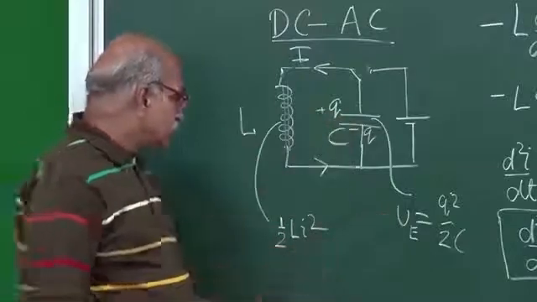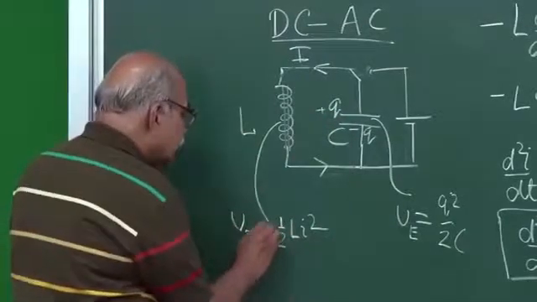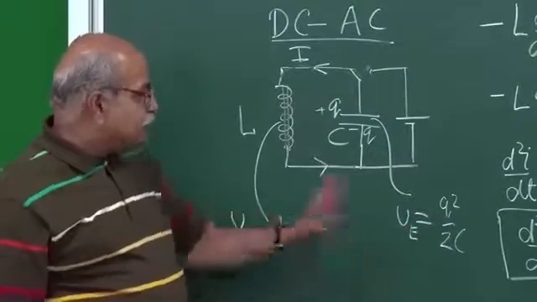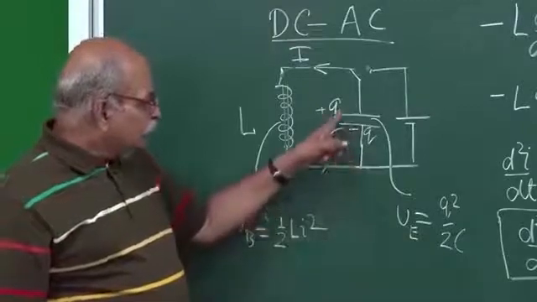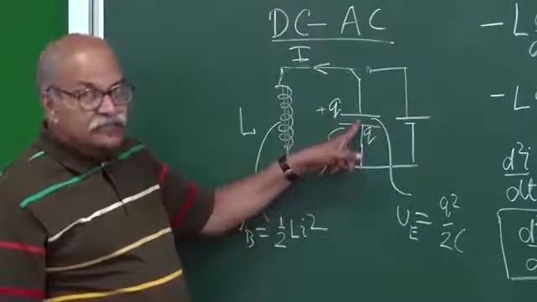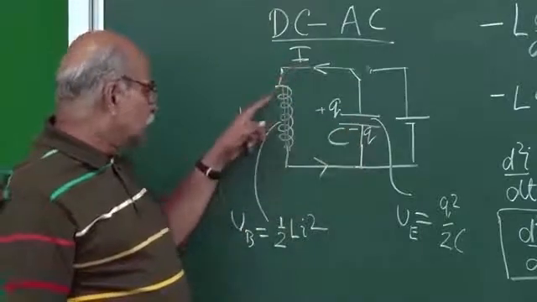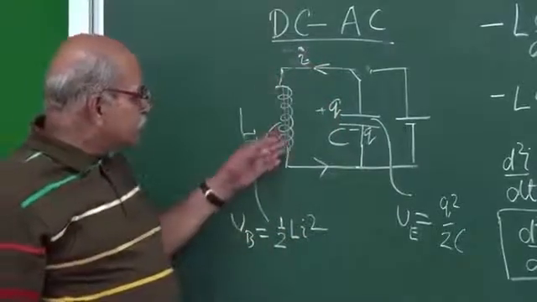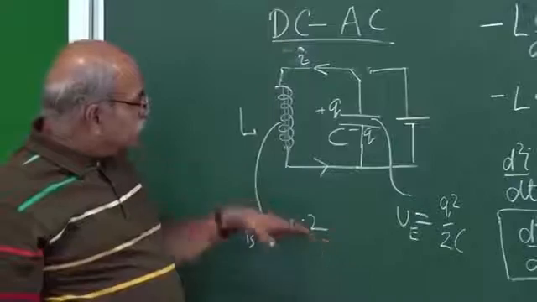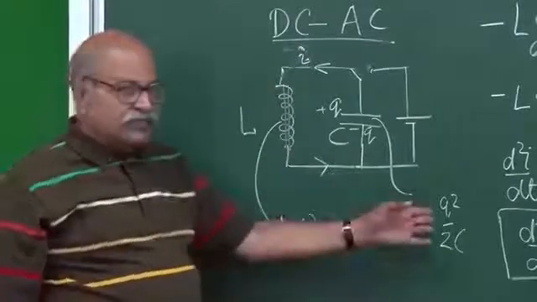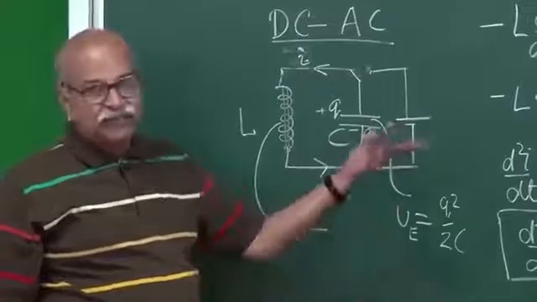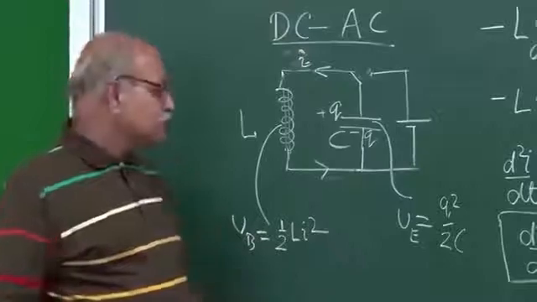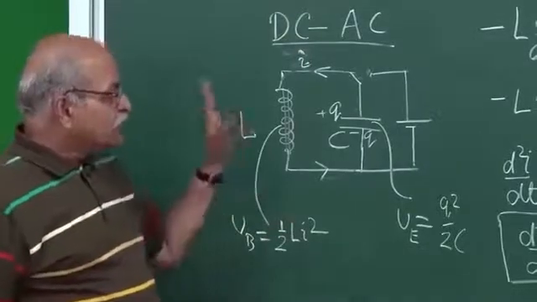The total, magnetic energy plus electrical energy, will remain the same, but it will oscillate between the two. This Q will decrease, so the electric field energy will decrease. I will increase, so this magnetic field energy increases, then later in the cycle this will decrease and this will increase. The total remains constant. As in SHM, kinetic energy and potential energy are exchanged between themselves, and total energy remains constant. So that's the kind of oscillations.